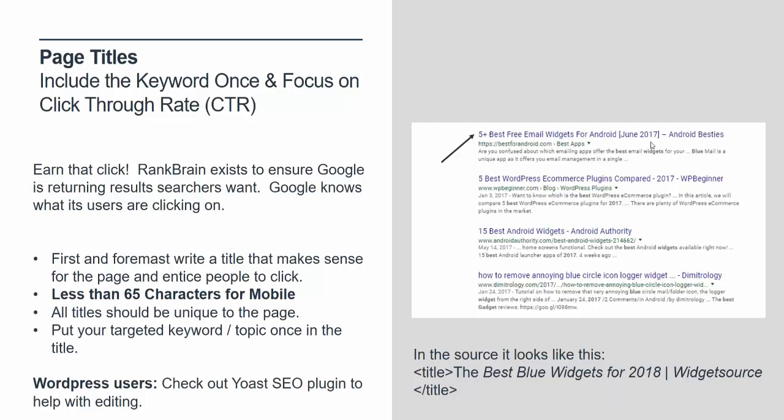So this is an old screenshot. You can tell it's from 2017. But what you're ultimately trying to do with the title is a little bit longer than it used to be. I like to leave them around 65 characters because it still looks good in a mobile environment.